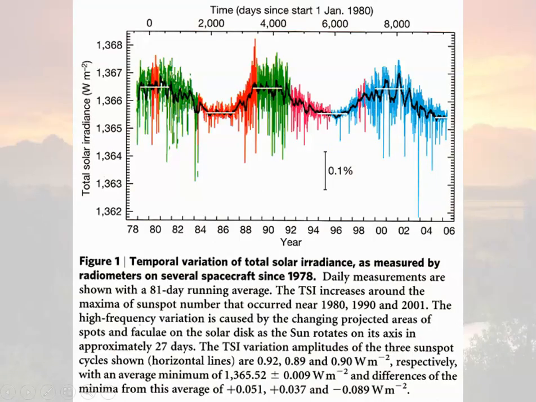So here's a graph of total solar irradiance in units of watts per meter squared. I've mentioned before that the so-called solar constant at Earth is about 1,366 watts per square meter. But you can see that there are fluctuations in that, but those fluctuations are quite small, on the order of 0.1 to 0.2%.